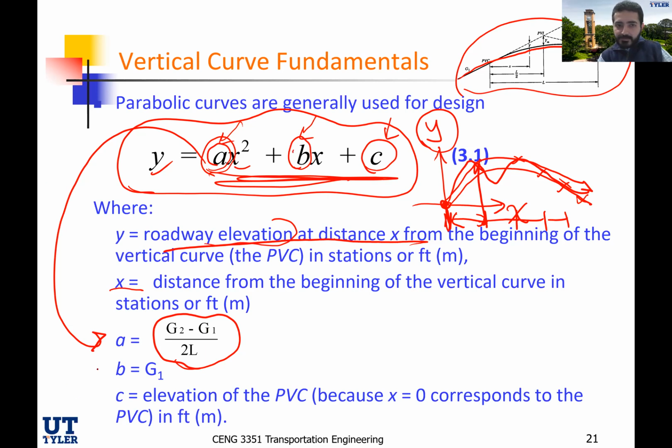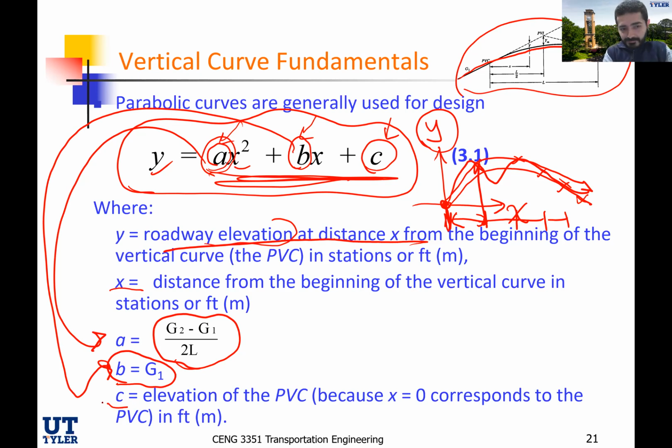The B factor is right here. Simply it is G1. The B coefficient is G1, the initial grade of the vertical curve.